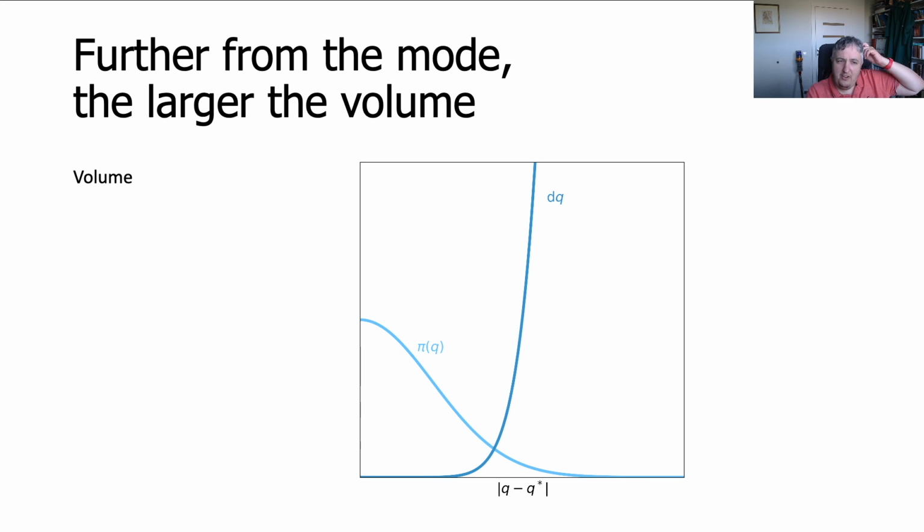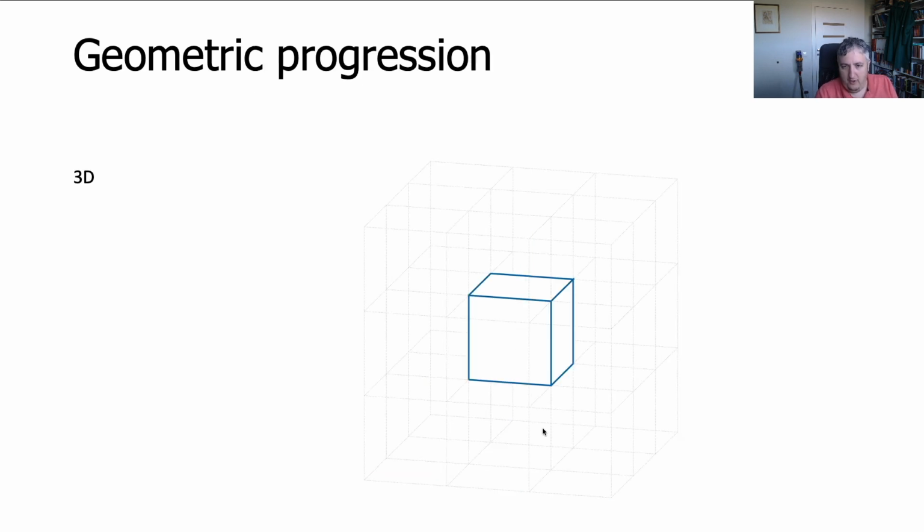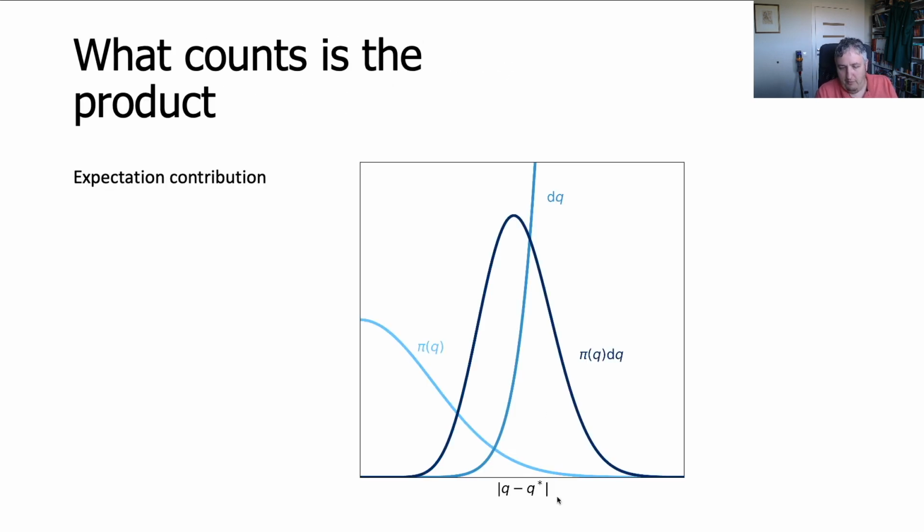And our integration is actually a sum over values of the function and pieces of volume corresponding to them. And in higher dimensions, the further we are from the maximum, the more the volume rises, because localization near the mode limits our volume.